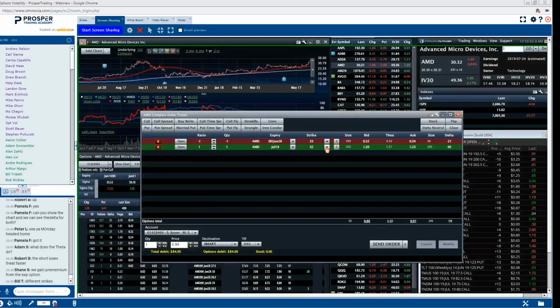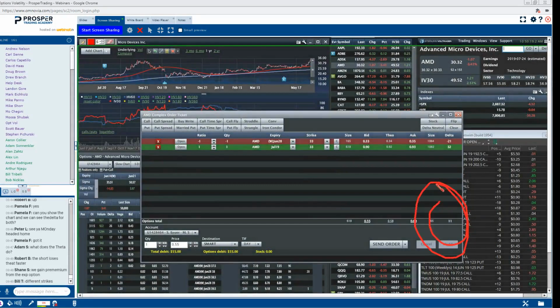Now, watch what would happen if we made this just a calendar spread where the strikes are the exact same. What I did here was change the July option we're buying from the 32 to the 33, and you can see the delta almost got cut in half. The delta went down from 19 to 11.